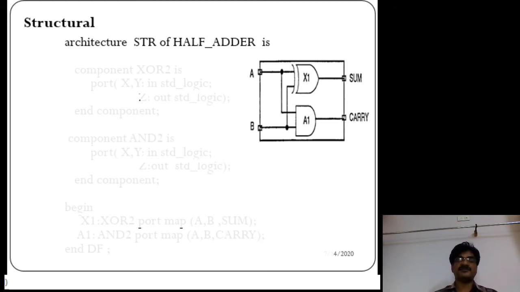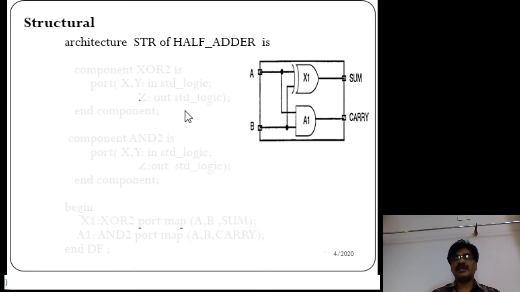So two different components are available, therefore you need to write two different component declarations in the declarative part of the architecture. You know in the architecture body two parts are there, both separated by the word begin. So before the begin, you have to write two component declarations, one for the XOR gate, another for the AND gate.